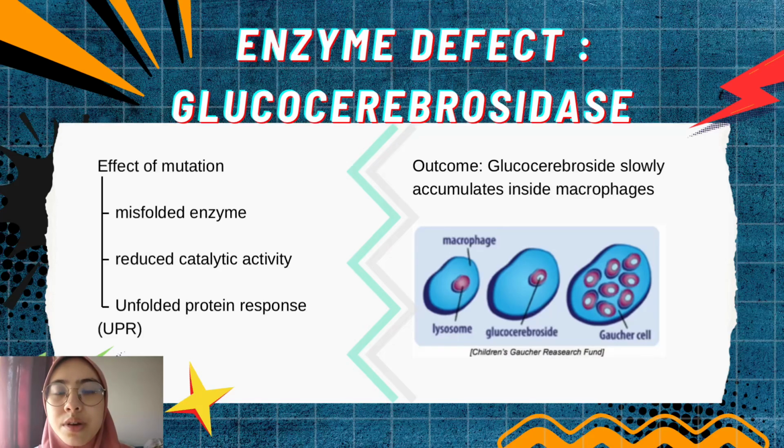The macrophages will engulf these lipids, glucocerebroside, and become Gaucher cells. It is called Gaucher cells because it has a special feature, which is wrinkled tissue paper cytoplasm due to the stored glycolipid fibrils.